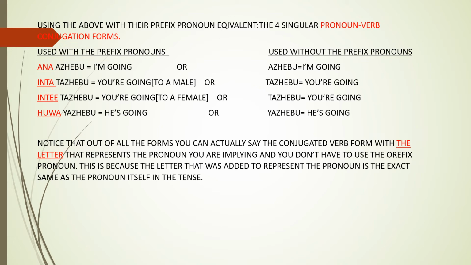Or like over here on the right, you could just say tazhibu, and it still means you're going, because when you add that T to it, it automatically combines with the A to form TA, which is also a pronoun form representing you, just like the end of enta. So tazhibu means you're going. Or if it's more comfortable for you to say enta tazhibu, that's fine as well.